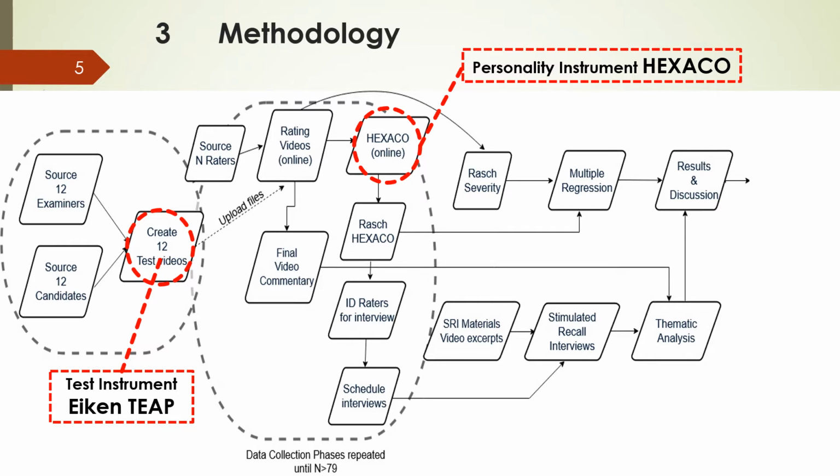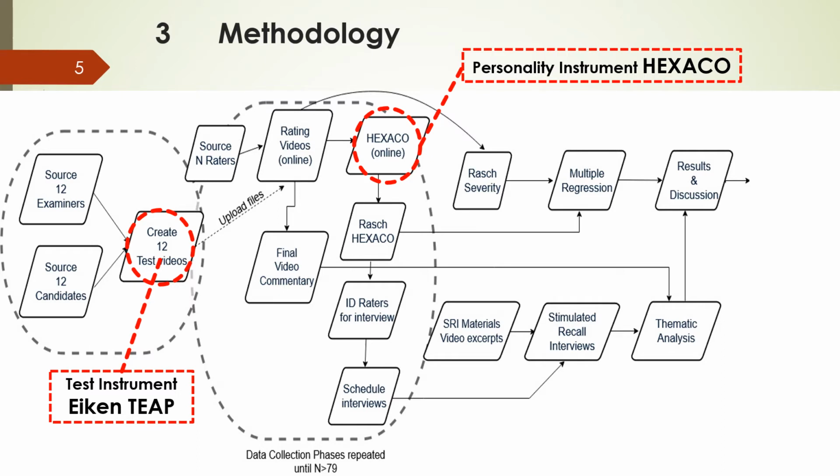Finally, once all ratings were submitted, they were then asked to complete a self-report personality inventory. The instrument used to generate the estimates of raters' agreeableness, conscientiousness and extroversion is known as HEXACO, and it operationalizes the most widely accepted theory for personality in modern psychology, the 5-factor model.